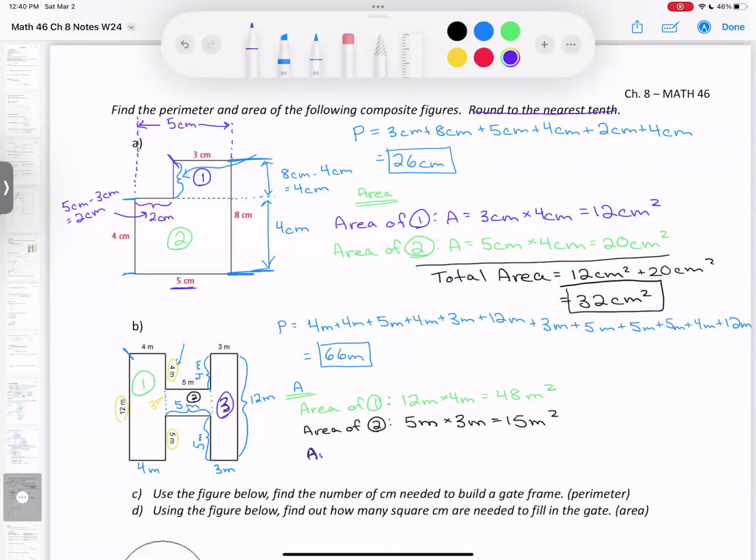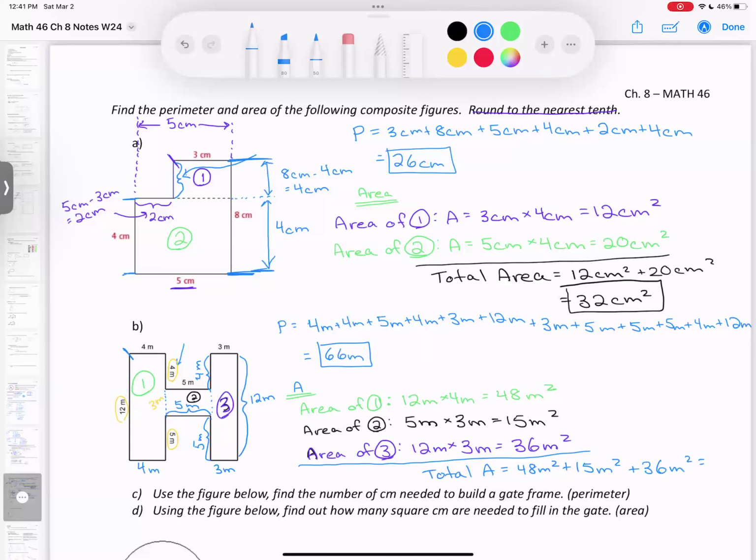And then that final one there, we've got area of 3. It's going to be 12 times 3, which gives us 36 meters squared. So the total area then is going to be the sum of those 3. So 48 plus 15 plus 36.